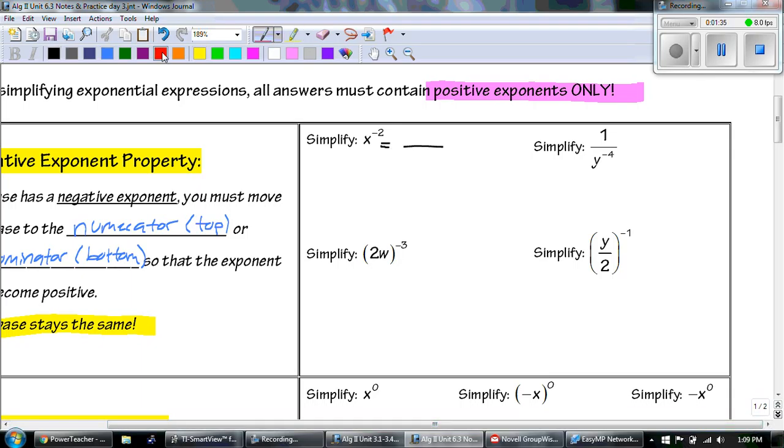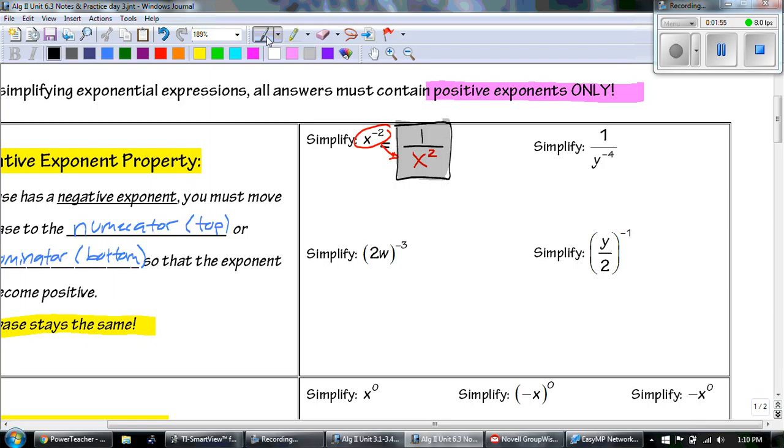Our first one, my exponent's negative, I'm going to drop it like it's hot. Now that it's moved to the bottom, it turns into a positive, and since everything moved to the bottom, to hold the place value, I need to have a 1 on the top.